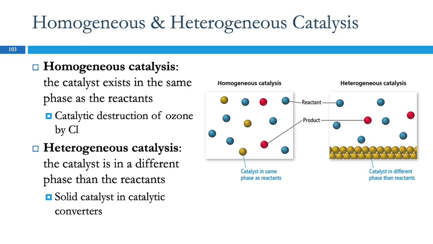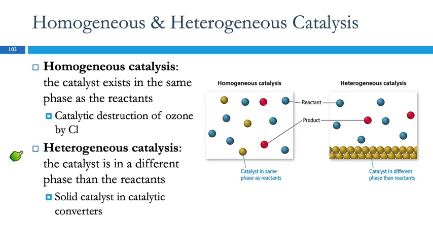So homogeneous catalysis is like the catalytic destruction of ozone, where the catalyst and the reactants are in the same physical state, the same phase. They're both in the gas phase, they're both in the liquid phase. So in the destruction of ozone, everything's in the gas state.